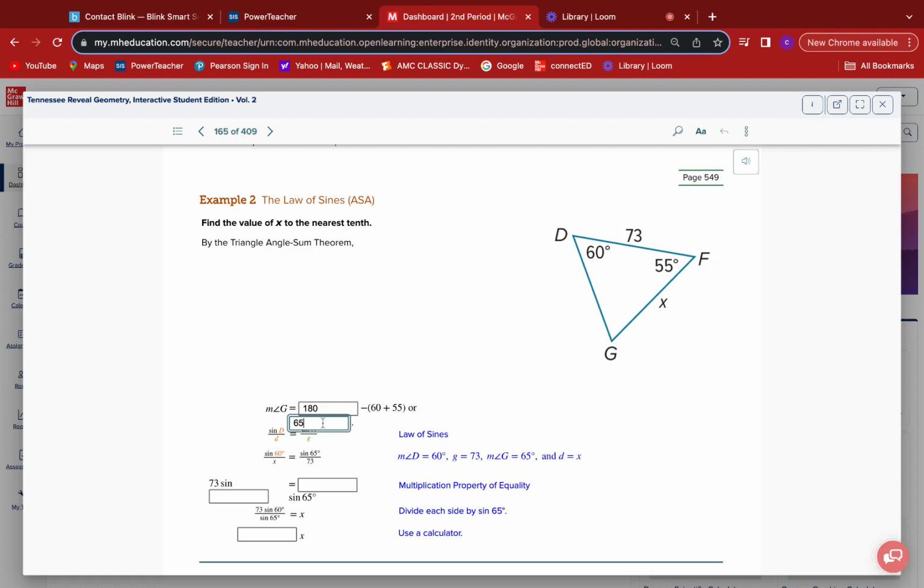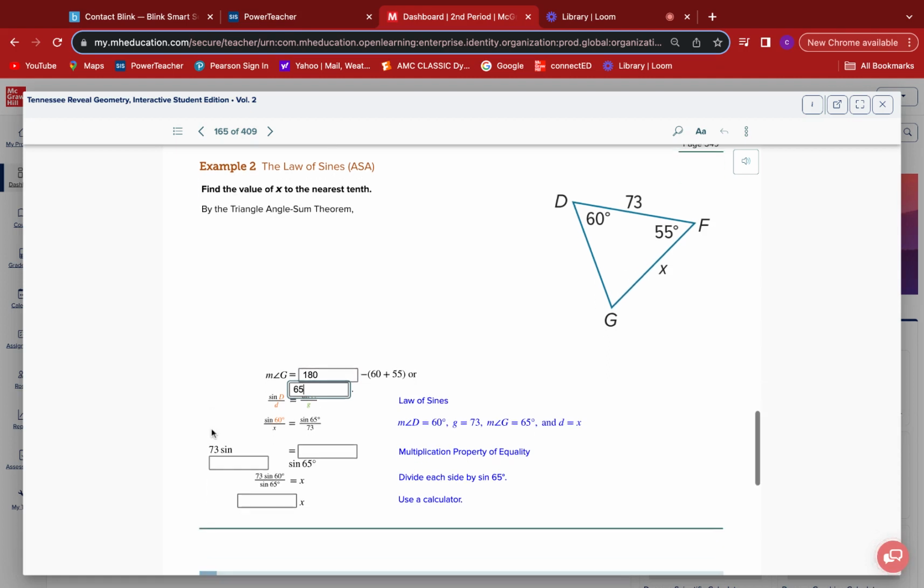That's my missing angle g, which will give me a matching set. Angle g is 65 degrees and little g is 73, that's across from it. So I have a matching set of g's, 65 degrees over the side 73. And I'm going to use angle d, which is sine of 60 over its opposite side, x.